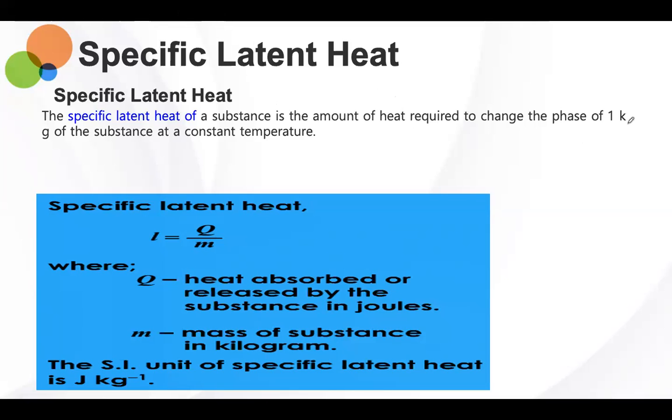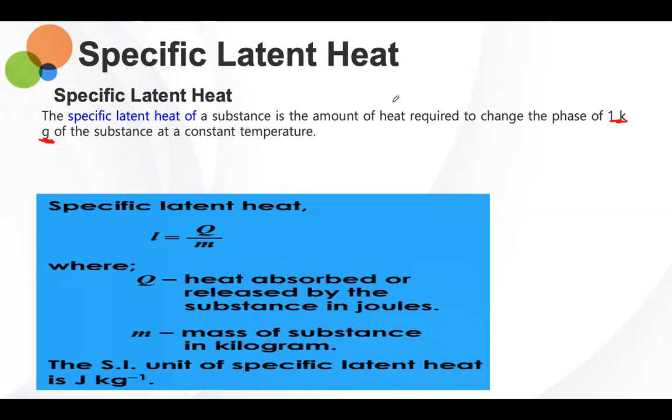But now we're going to get more specific. The specific latent heat of a substance is the amount of heat required to change the phase of 1 kilogram of a substance at a constant temperature. See this coming up again, constant temperature.